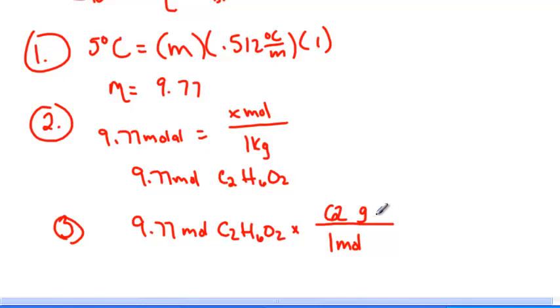That's 62 grams of our ethylene glycol. 9.77 times the molar mass, and we have grams. 9.77 times 62, I found 605.74 grams of ethylene glycol.